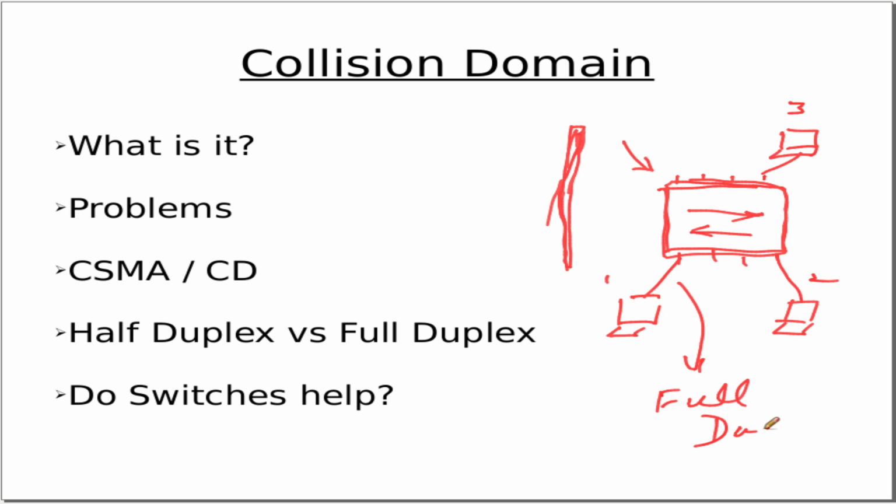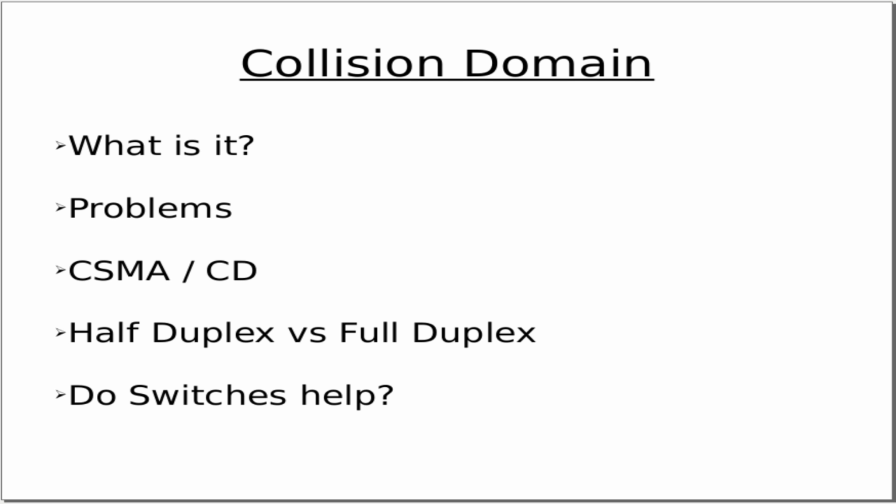So in essence, it means that this PC can send and receive data at full speed. If it has got a 100 Mbps Ethernet card, it can send and receive the data at 100 Mbps rate, and there will be no collisions. So the first concept that you need to remember from this slide is that switches break the collision domain.